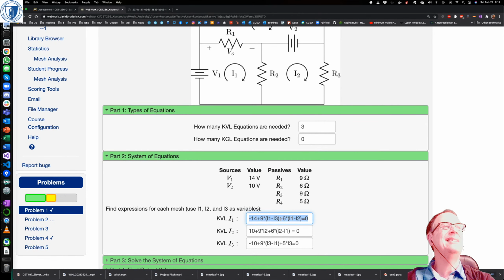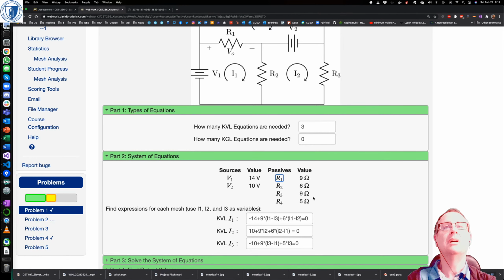What matters is that the only variables, the only non-numeric things that are allowed to go in there that give a valid answer are I1, I2 and I3. For example, you can't put V1 in there. You can't put R1 in there and expect the answer to be correct. But try it.